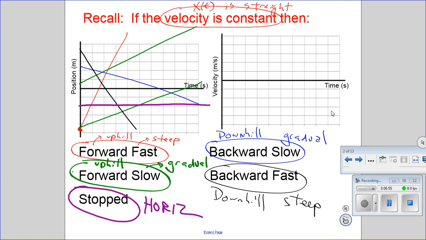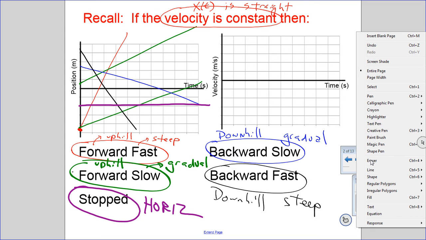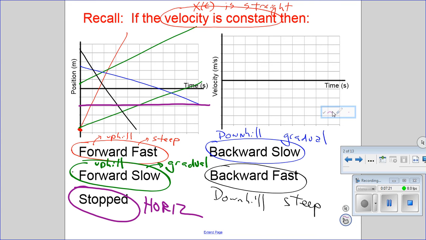So let's do stopped. All right, if you're stopped, what's your velocity? 0, right? And constantly 0. So what would my velocity time graph look like for this thing that's stopped? Not straight, but a horizontal line at v equals 0. So all I'm going to do is grab my purple again. Velocity of 0 is right here, right?